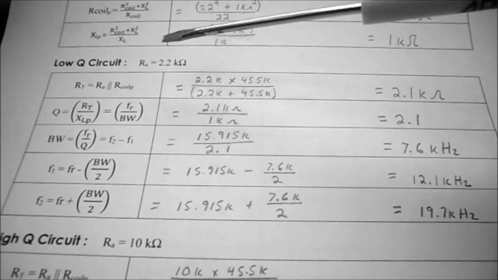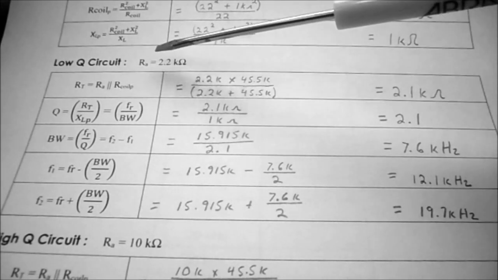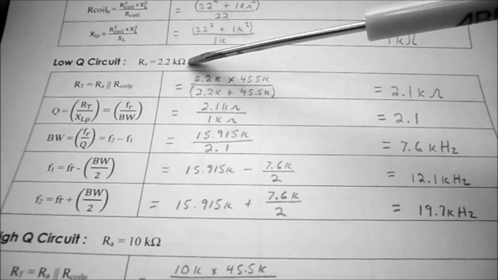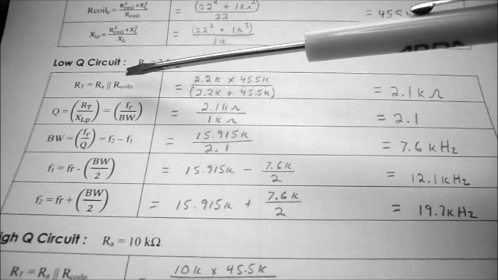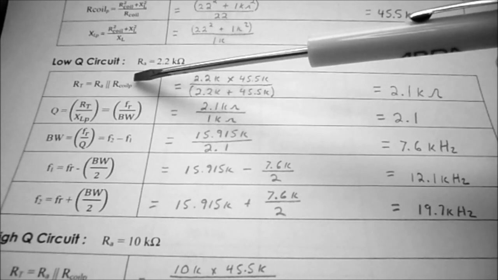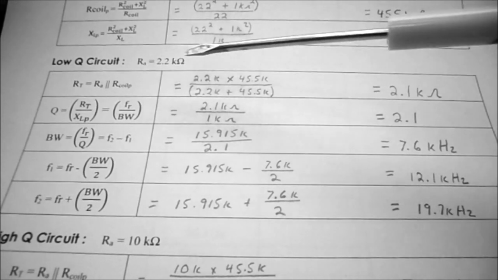Now, completing the calculations for the low Q circuit of RA equals 2.2K ohms, we can see the total resistance of the circuit is equal to RA in parallel with R coil parallel component.